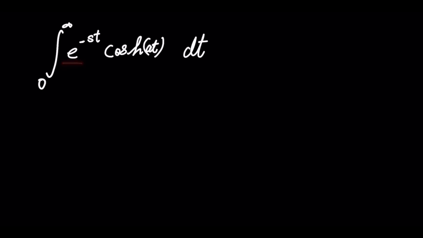You can see over here that we're dealing with an exponential function multiplied by a hyperbolic trigonometric function. So just like we did for cosine, we will convert the hyperbolic function into its exponential form.